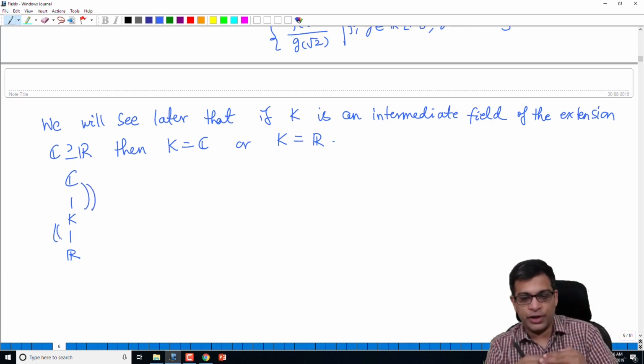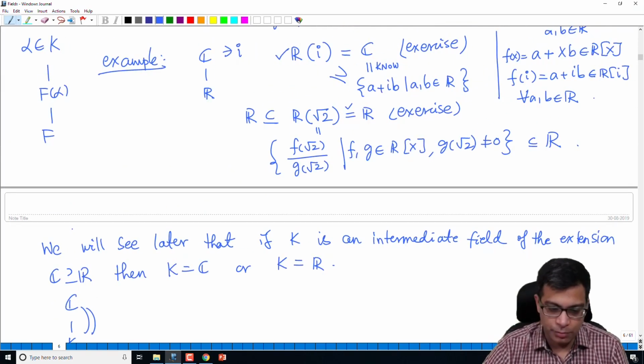Okay, so there is no field that is properly between C and R.